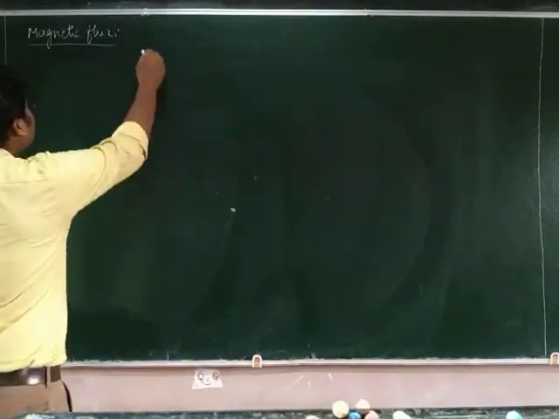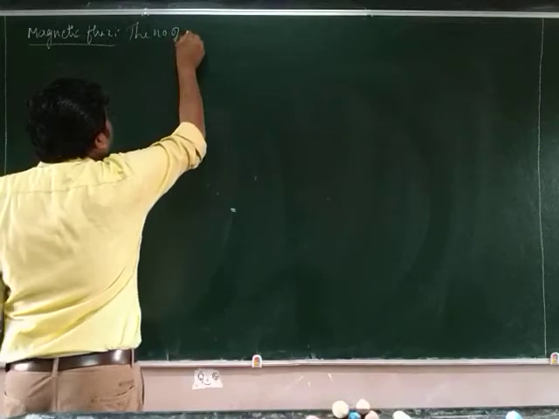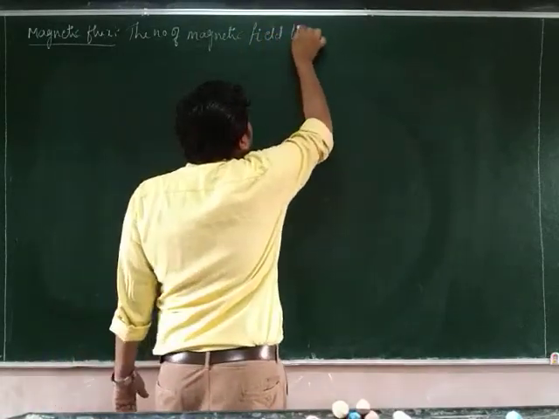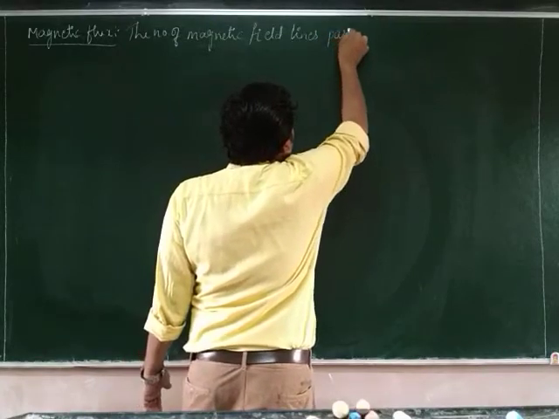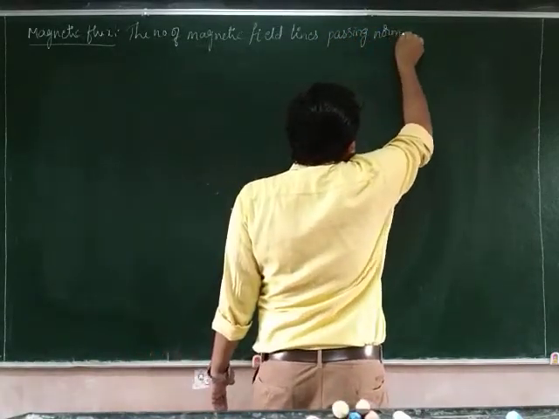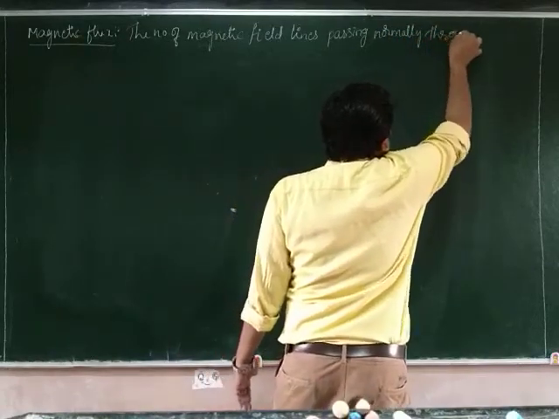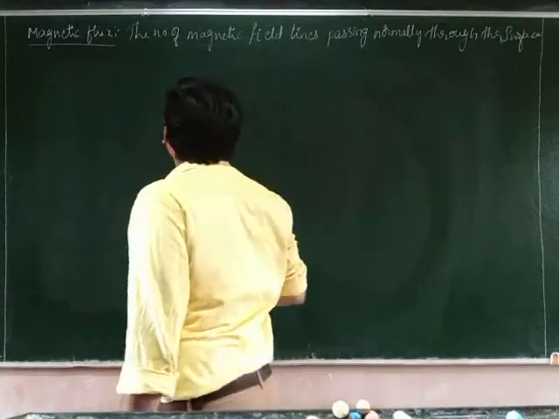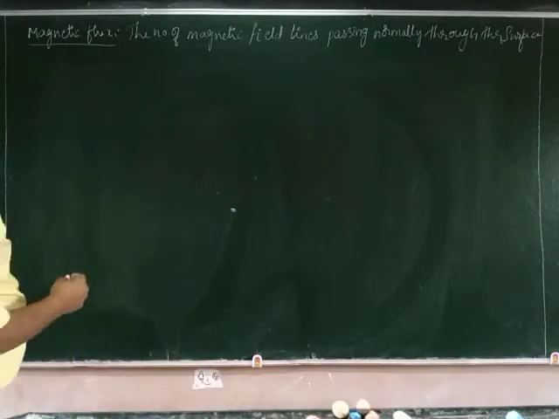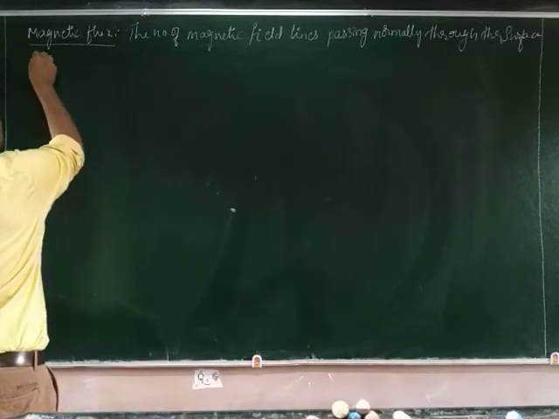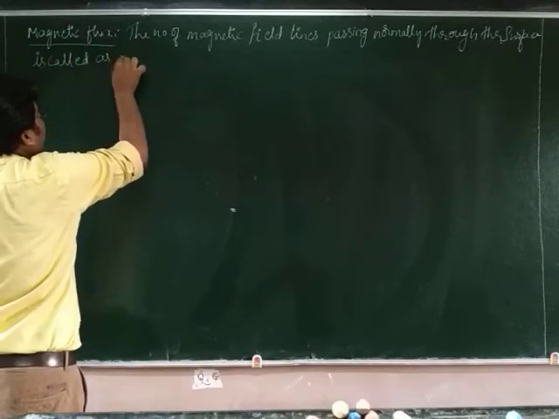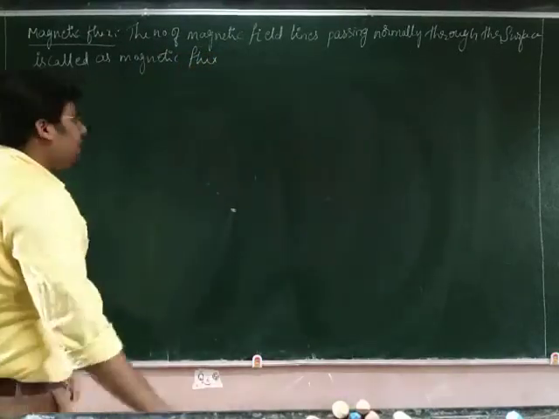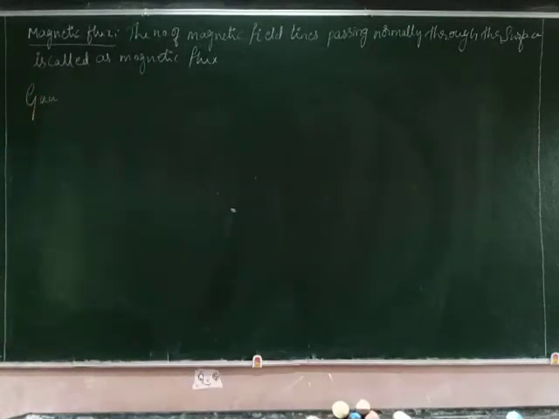Okay. The number of magnetic field lines passing normally through the given surface is called magnetic flux.